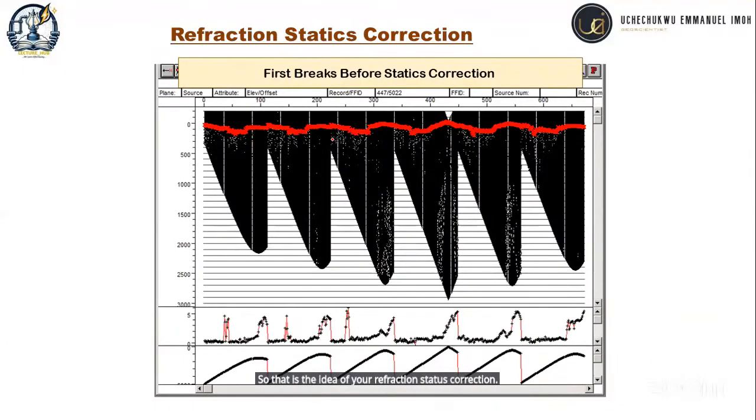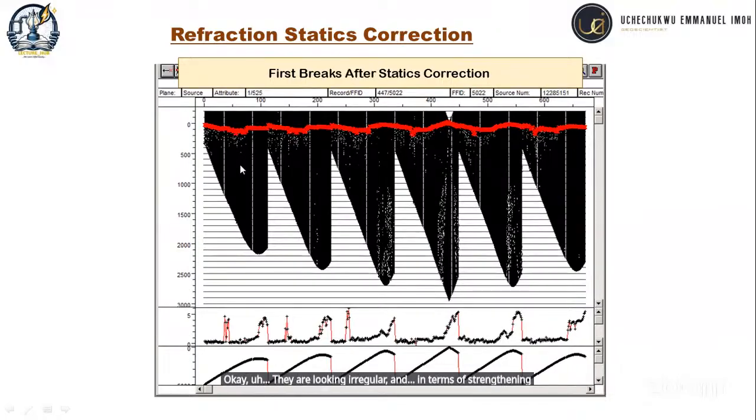Also, I think this will show it better. This is a typical first break that has been picked. If you look at this, you see the red points. You can see that they are looking irregular in terms of strengthening out.